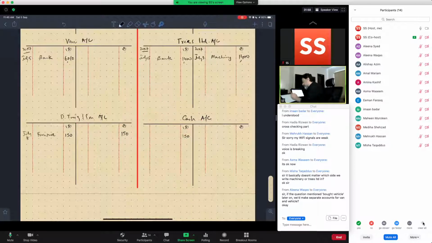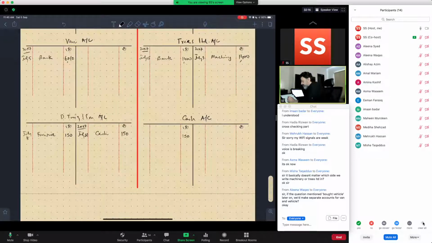And then I'm going to put the rest of the information, July 23rd, 20x7. And in D. Twigs and Sons account, I'm going to refer to the other account involved. In this case, it was cash.